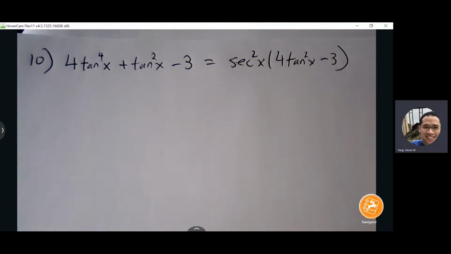All right, we're starting on the left side. Look at how that left side is set up. What do you think we have to do?